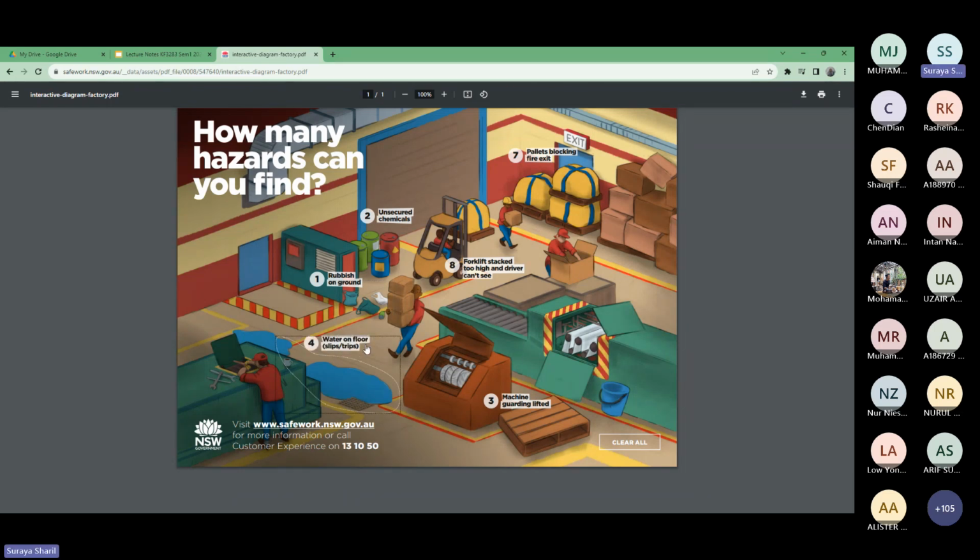Another one is water on the floor, so the possibility of slipping or tripping. And so they are using this. We have another 1, 2, 3, 4, 5. Where is the other one? 5, here. Stack material unevenly. 6. One more, 6.